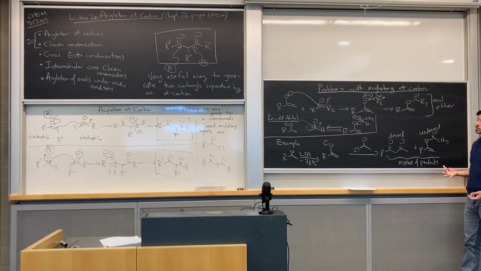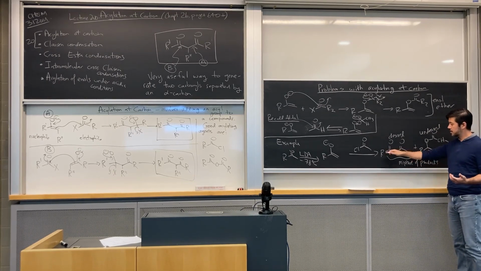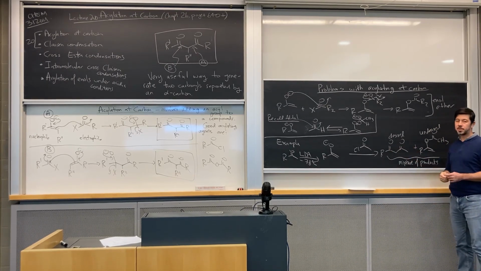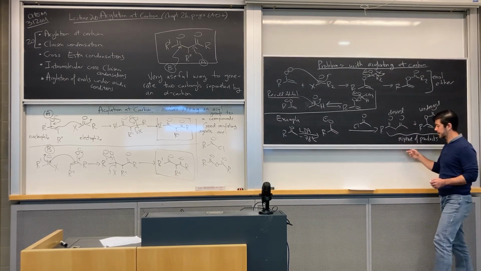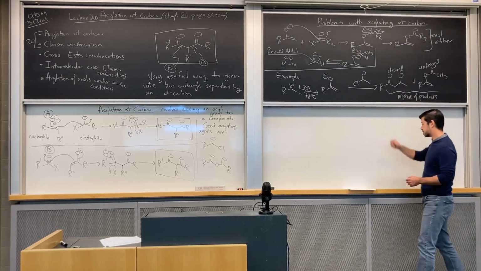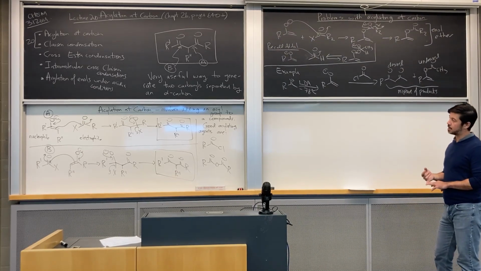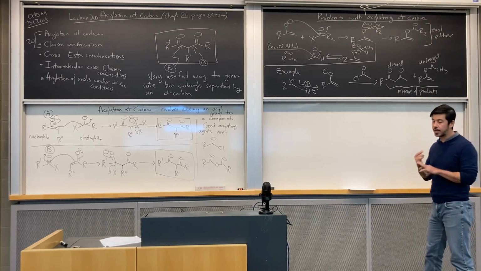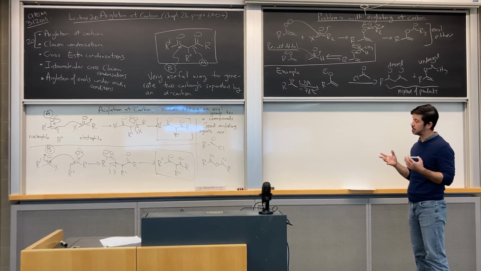So as a chemist, how would we solve this problem? Because it's such a useful reaction if we can generate these compounds that have two carbonyls separated by an alpha carbon. So one of the problems is that the enolate is actually just so reactive. It's too reactive and it's very hot, right? We talked about strong nucleophiles.